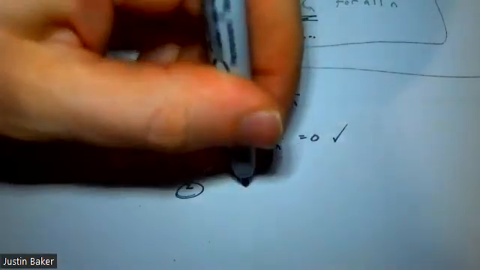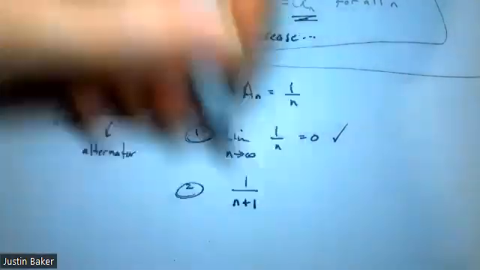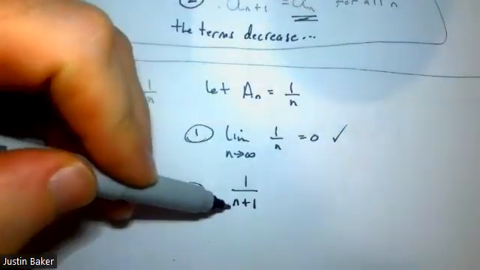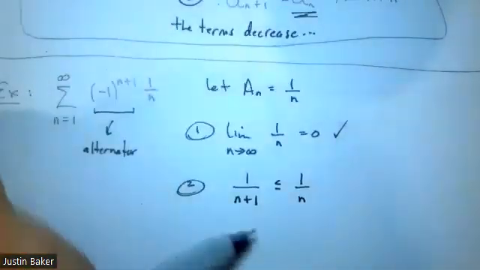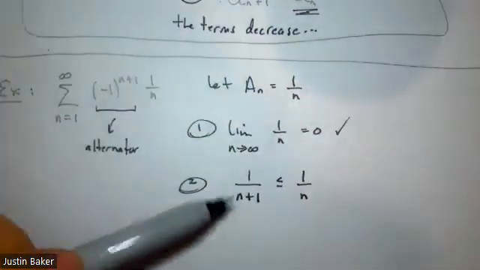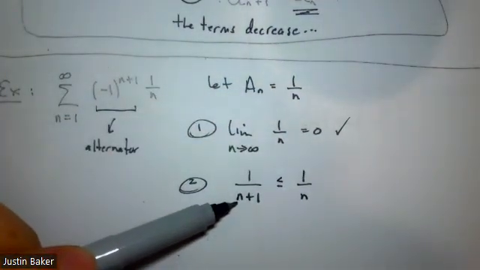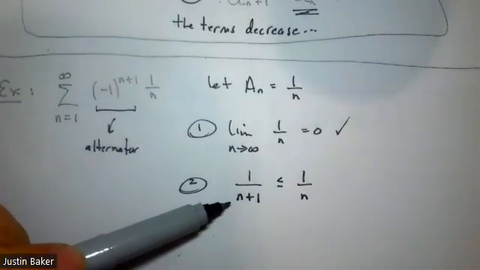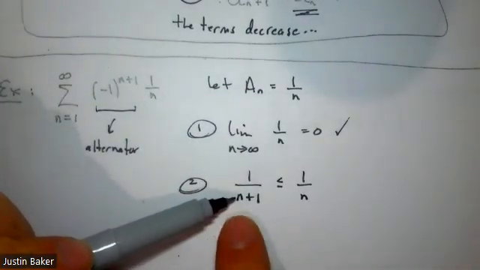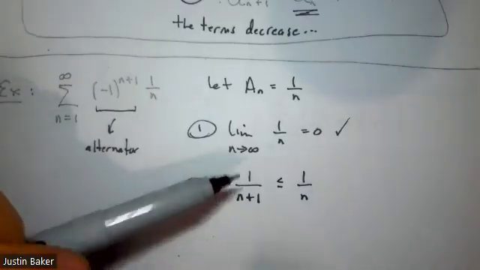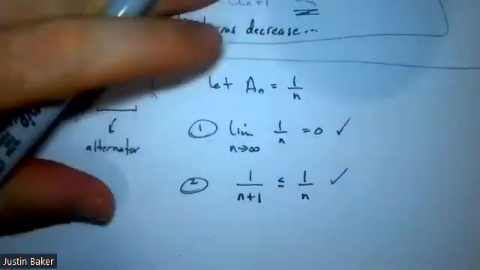If I plug in n plus 1 to n, we've got that. And we're going to say, is that less than 1 over n? Well, let's see. All you got to do is just kind of think about that in your head, right? If I plug in 5, just made that number up, that would be what? 1/6 versus 1/5. The bigger number on the bottom means a smaller result. So that is check and check.